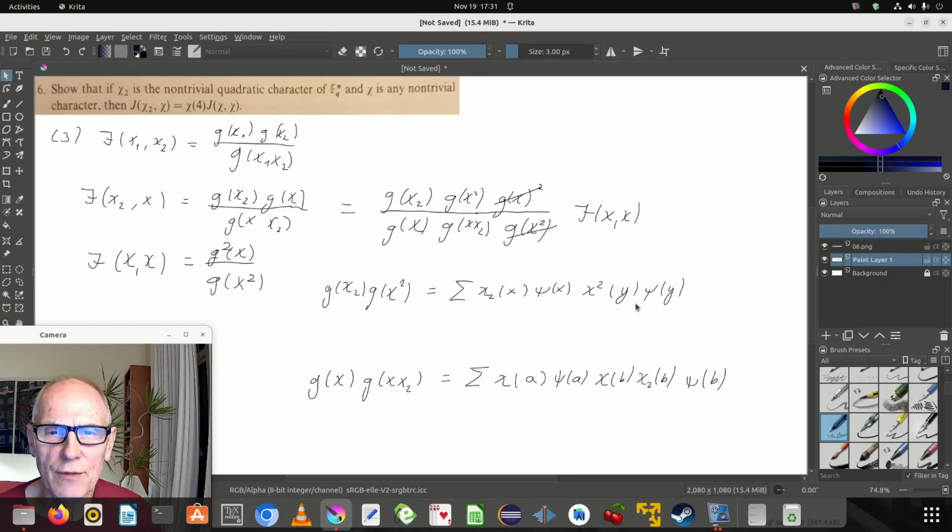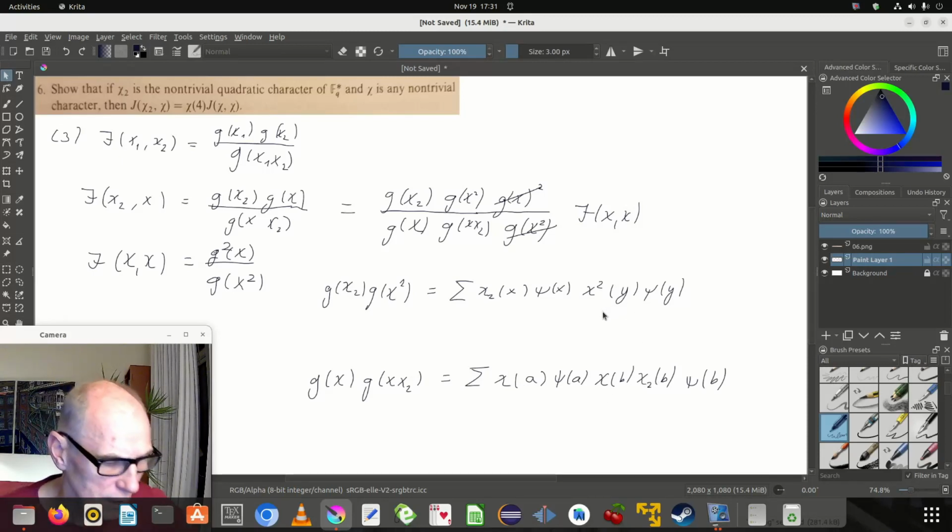So psi of x plus y. I can't get over this problem that they are taken by distinct elements here, and here they're taken by the same. So whatever transform I'm making, I can't get them to be taken by different guys.